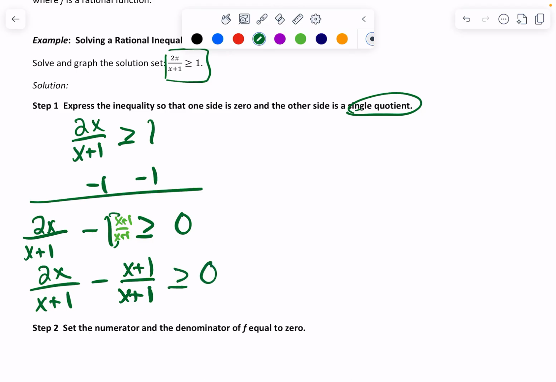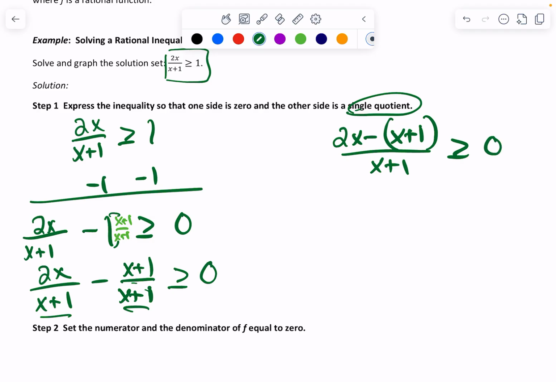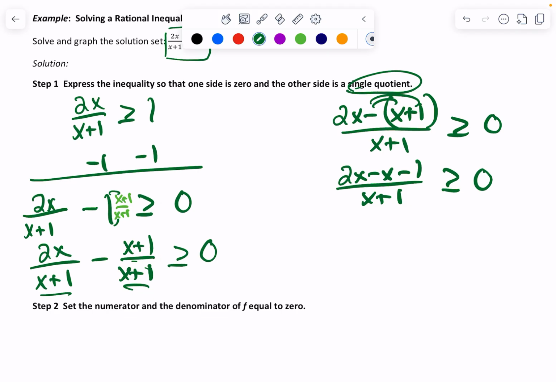Now we can rewrite it on the same line because we have common denominators here. So it's going to be 2x minus x plus 1 inside parentheses because we have the negative sign right there. Now we're going to distribute the negative. So we get 2x minus x minus 1 over x plus 1 is greater than or equal to 0 still. And we're going to combine like terms.